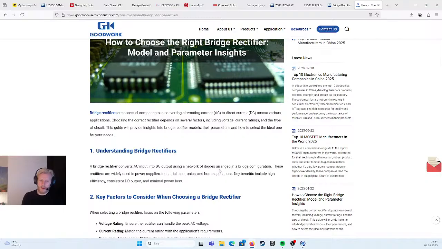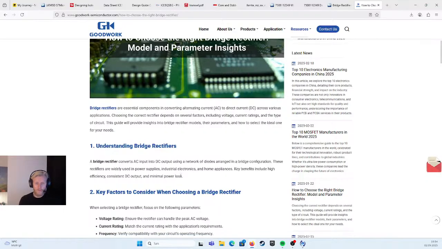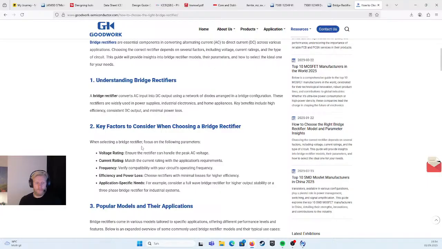Using a network of diodes arranged in a bridge configuration. Selecting a bridge rectifier, focus on the following parameters. Voltage rating: ensure the rectifier can handle the peak AC voltage.